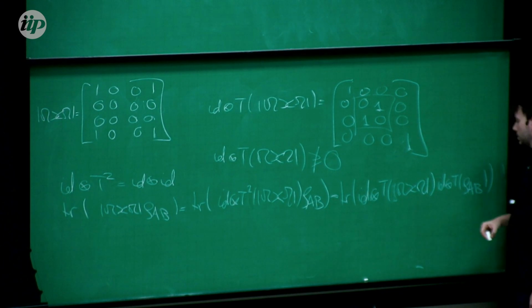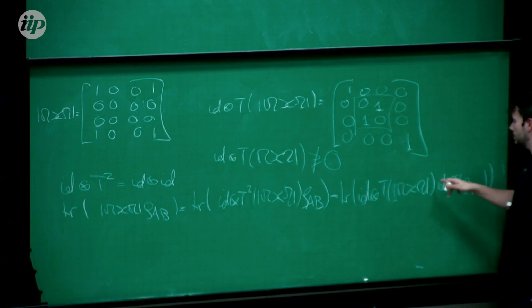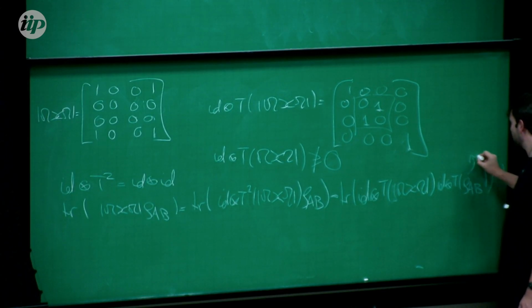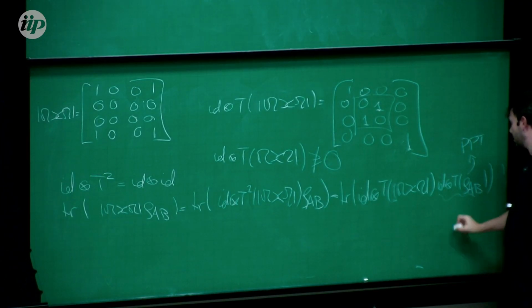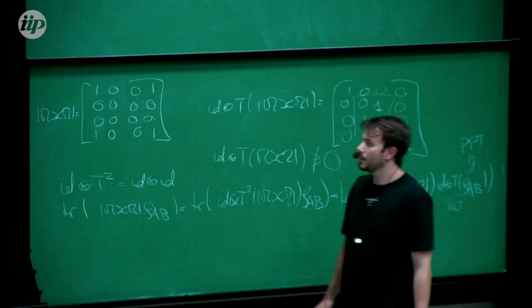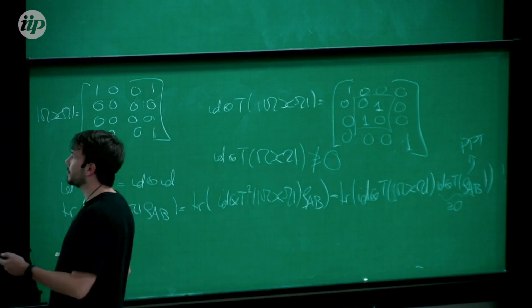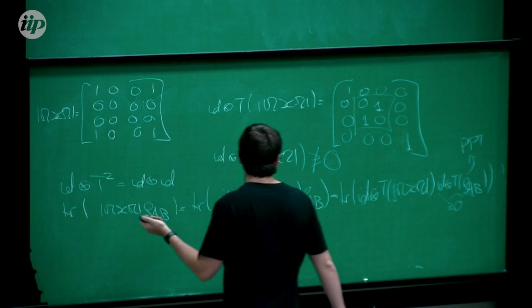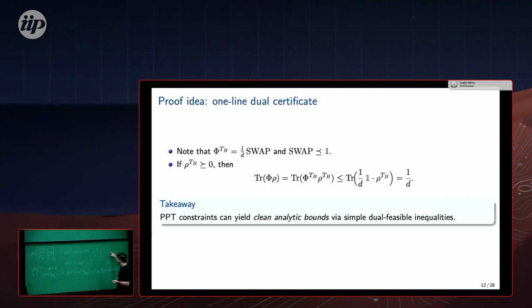Okay, so I can do the partial transpose twice. Now, if rho AB is a PPT state, this thing over here is going to be positive. And by what we discussed before, this thing here is smaller than the identity.